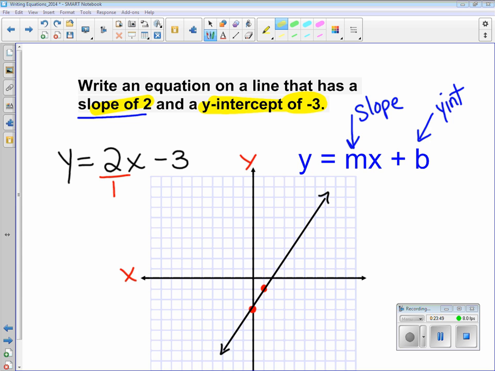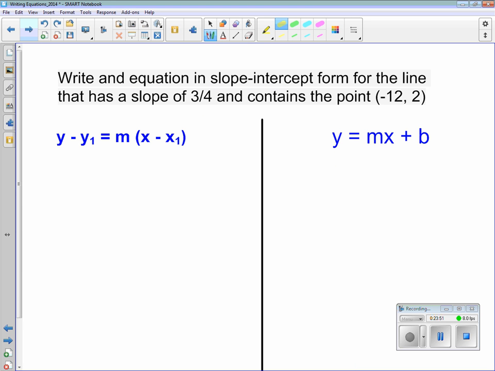So let's try a different situation. Okay? So I have a slope, and I have a point. And I want us to write an equation of the line that goes through this point, but it has this particular slope. Okay? So this is our second example for our notes for today.